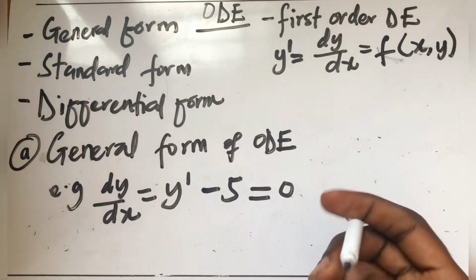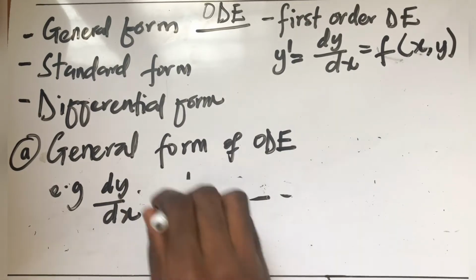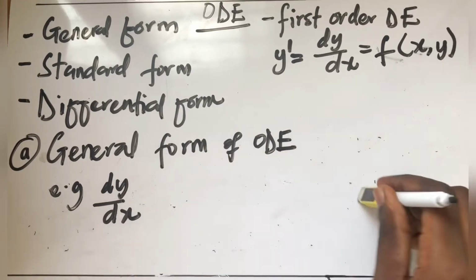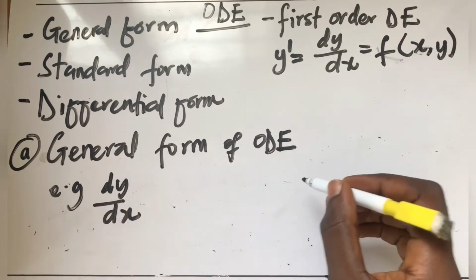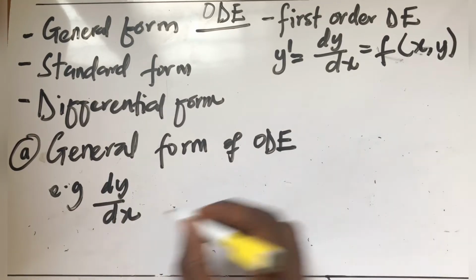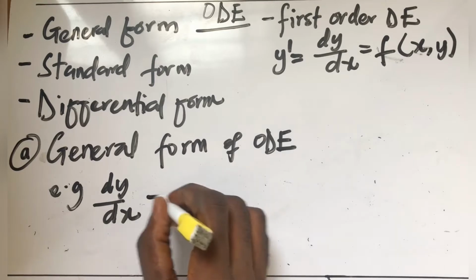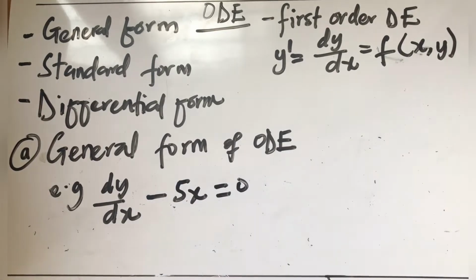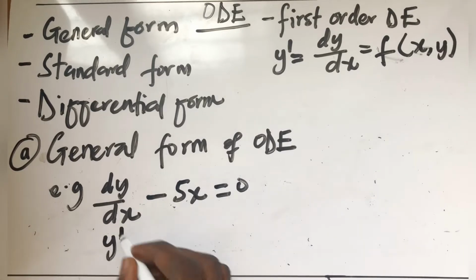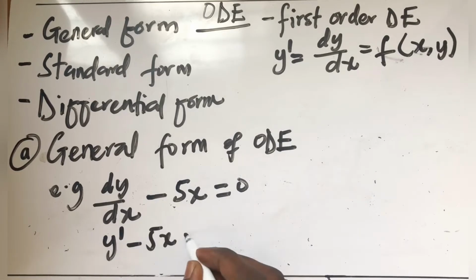Let me write it in both ways so that you don't get confused. An example of a general form of an ordinary differential equation is dy dx minus 5x equals 0, which is the same as y prime minus 5x equals 0.